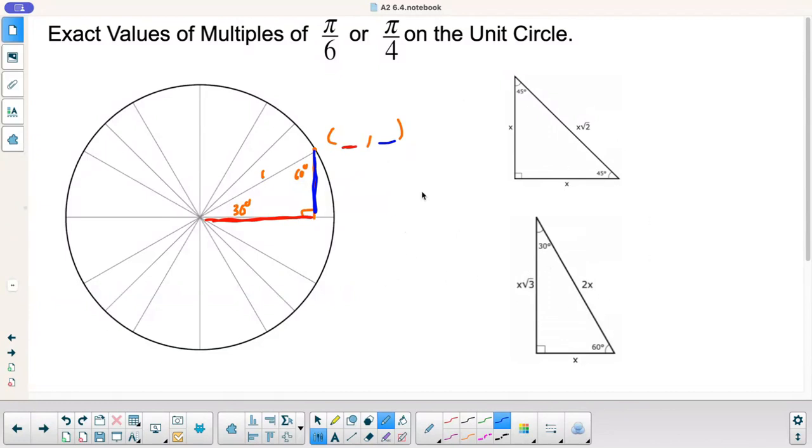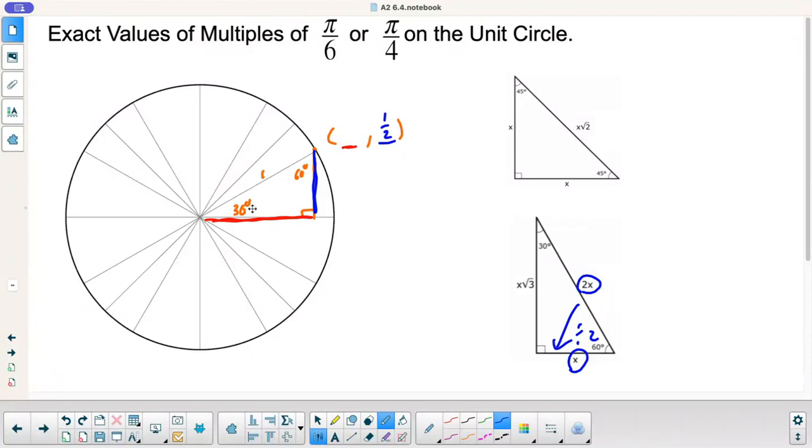So if you think back to geometry, you got your special right triangles, your 45, 45, 90, your 30, 60, 90. If I have a 30-degree angle, if I want to find the short leg and I know the hypotenuse, I divide by 2. So because this is 2x and this is x, if I want to go that way, divide by 2. So this is going to be 1 divided by 2, 1/2.